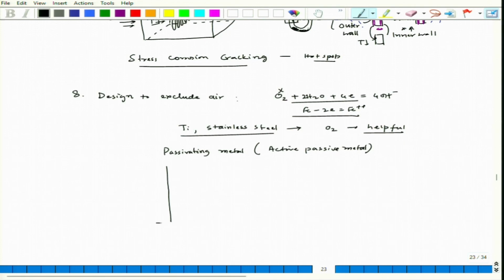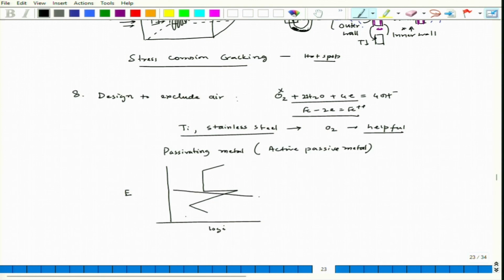See, if we talk about the E versus log I plot, which comes from mixed potential theory, this is the typical behavior of a metal if it shows active-passive behavior. Now, let us say the cathodic reaction is here.